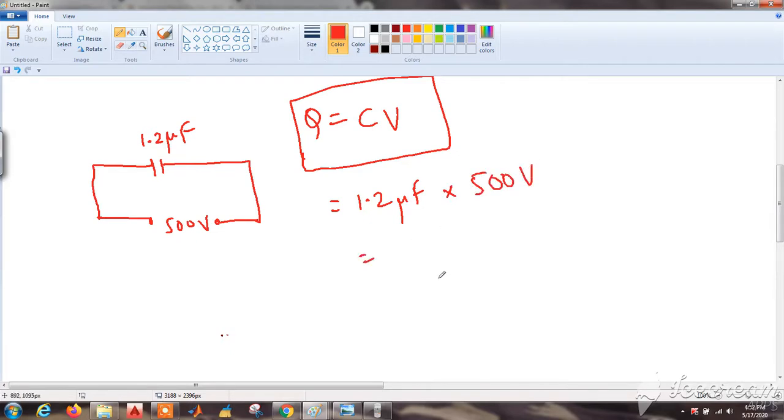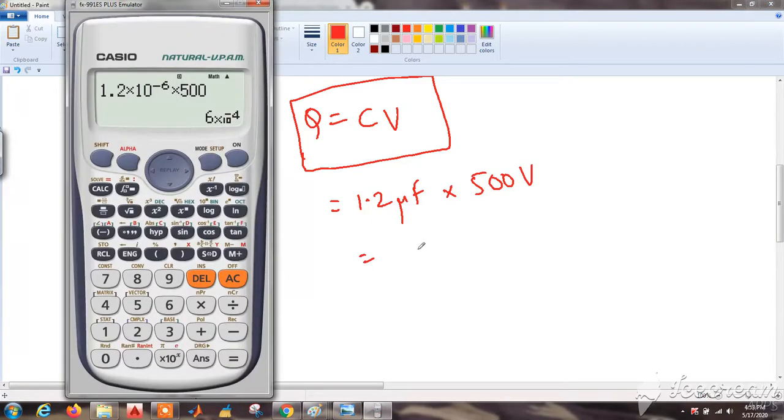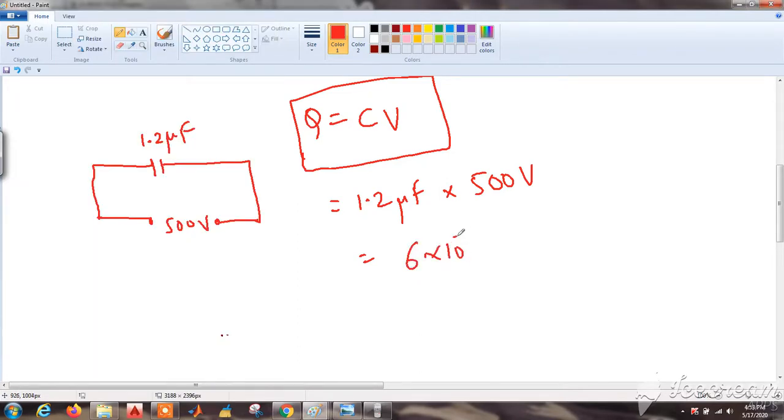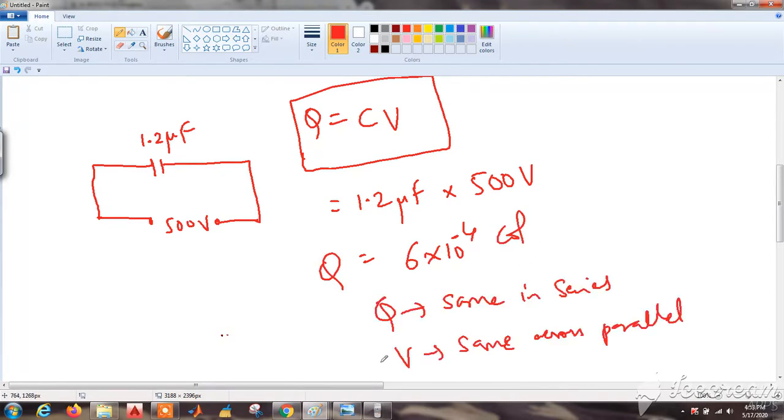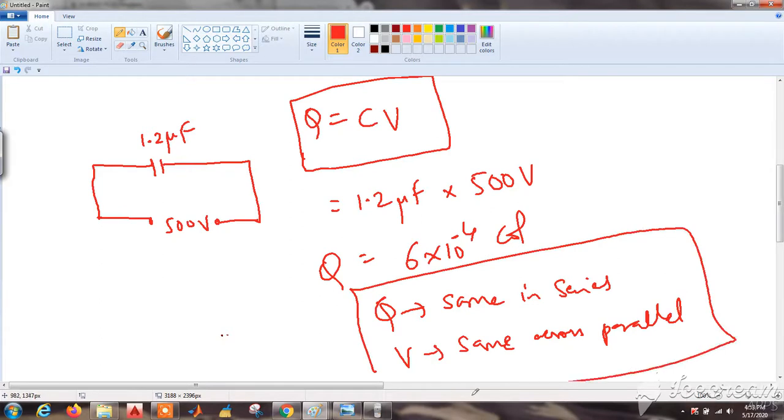This will give us 6 into 10 power minus 4, and the unit of charge is coulombs. And please remember that Q, the charge, will be the same in series-connected capacitors, and the voltage will be the same in parallel-connected capacitors.